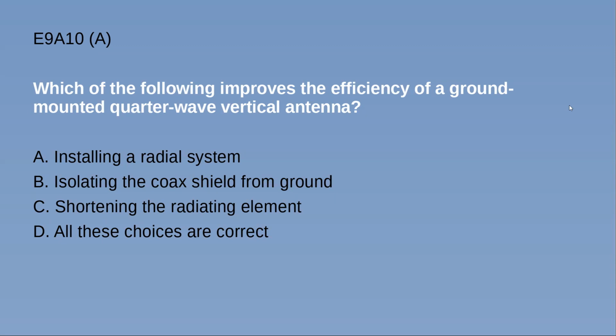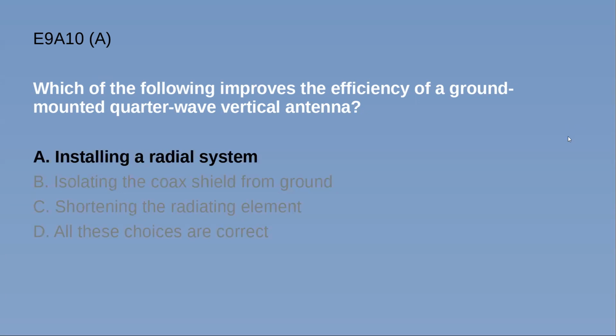Which of the following improves the efficiency of a ground mounted quarter wave vertical antenna? Since they call that a quarter wave vertical, it's half of a dipole. Where's the other half of the dipole? In the ground, right? Alpha.